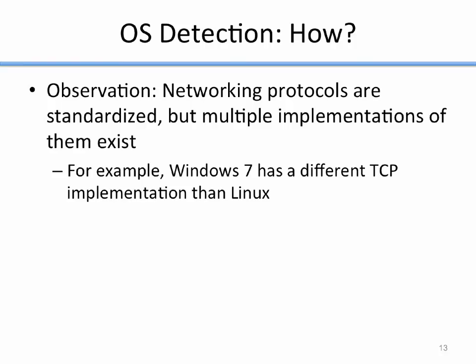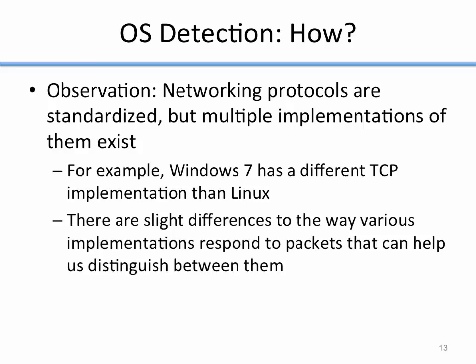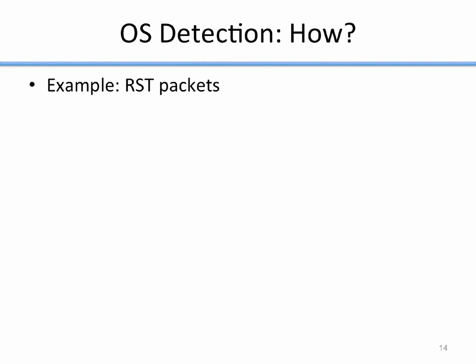Well, because Windows 7 was written by different people. A different team of programmers implemented its TCP stack than the programmers who did Linux. They were all basing their implementation on the same standard for TCP, but the actual code that they used to implement it and the strategies that they came up with were different. And so because of this, there are slight differences to the way various implementations respond to packets, and we can use those differences to help us distinguish between the implementations.